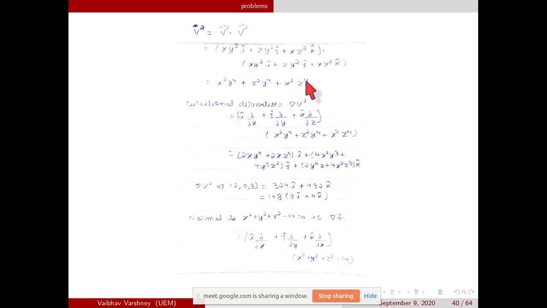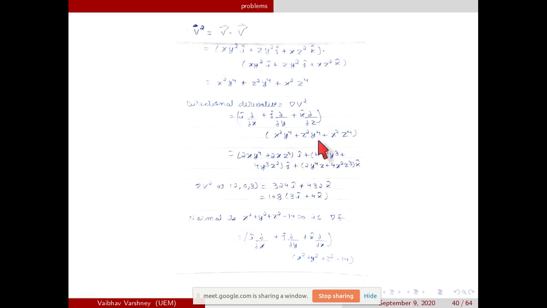Now since we have to calculate the directional derivative of v square, we have to calculate the gradient of v square, that is del of v square. And we know the del operator: i del by del x plus j del by del y plus k del by del z. This is the expression of v square, and if you differentiate it, the first and third terms contain x, so this is (2xy^4 plus 2xz^4) i cap.